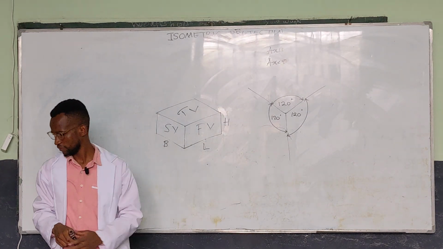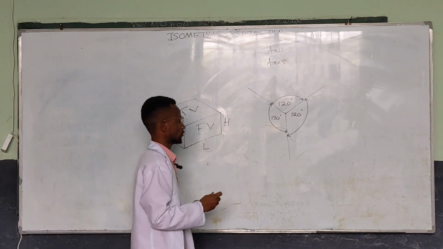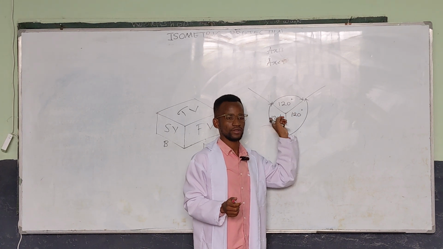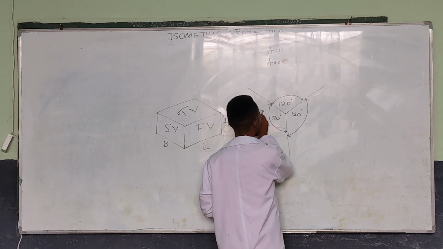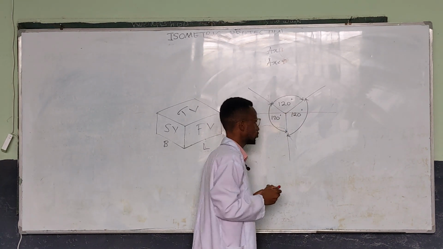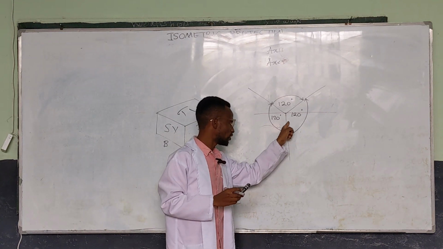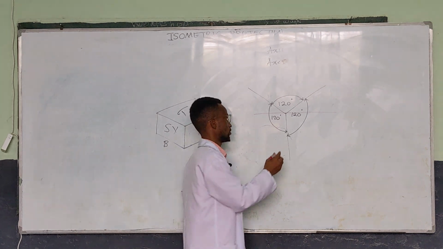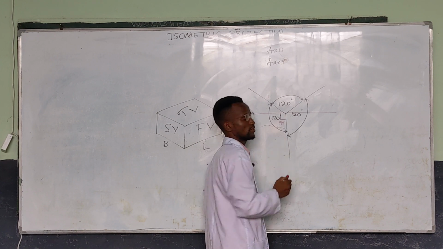If we were to draw a horizontal line passing through this same point where the axes are meeting, have you seen this horizontal line? It is passing through that same point. So this horizontal line will meet with this vertical line at what angle? 90 degrees, right? Yes. So this angle here is 90 degrees.